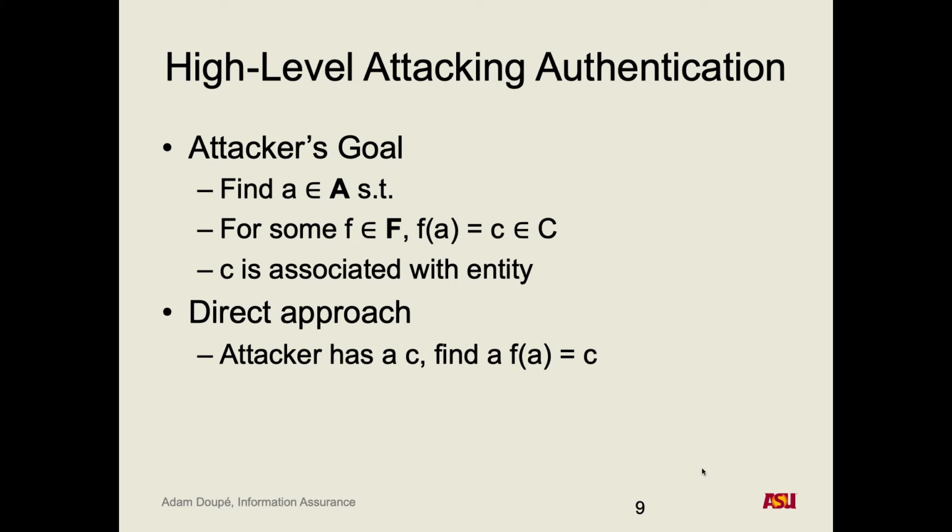Let's say that this is given for a certain user, so C is associated with some entity. You need another clause that says the login function returns true. So yes.